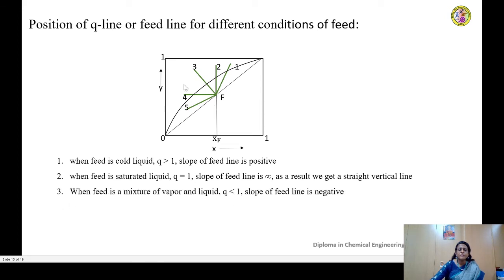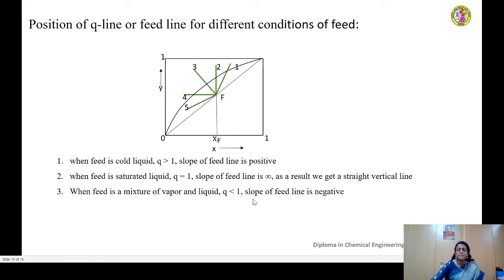Okay. So let us look at the third position of a feed line, whenever the feed is a mixture of vapor and liquid. Here, when 1 mole of feed enters the column, q moles of liquid flows in the stripping section and 1 minus q moles of vapor flows in the enriching section. So that means part of 1 mole will be the q value, so the q value will be less than 1.